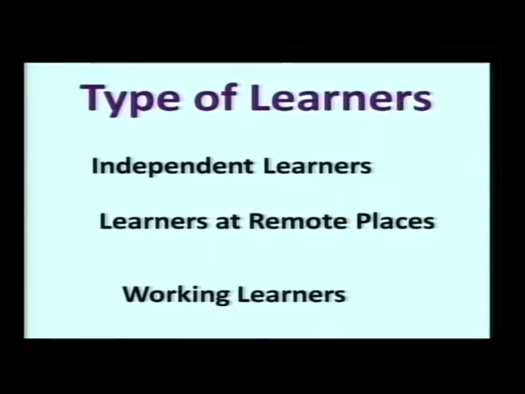The institution has to think about it: are we catering to independent learners? Are these online courses going to places where there are maybe no institutions, where there are no schools, no colleges or universities? That's why we are offering an online course.